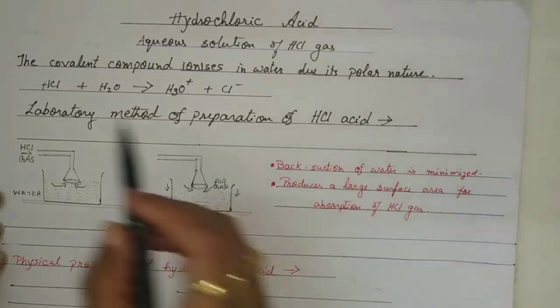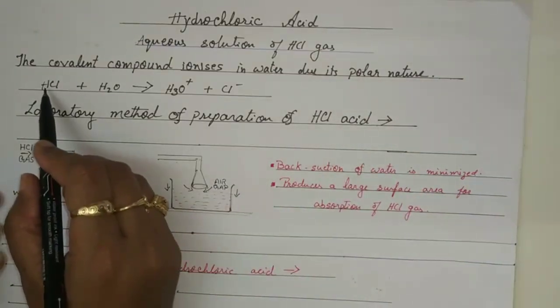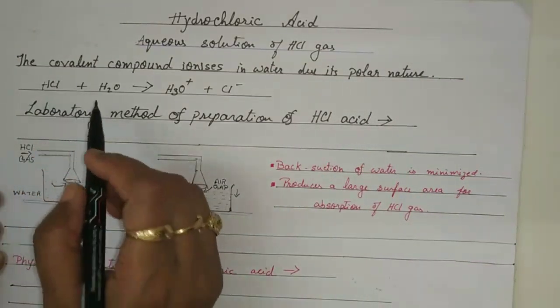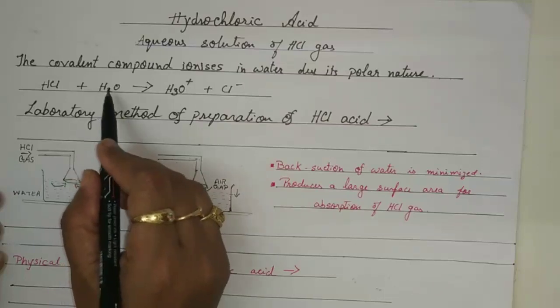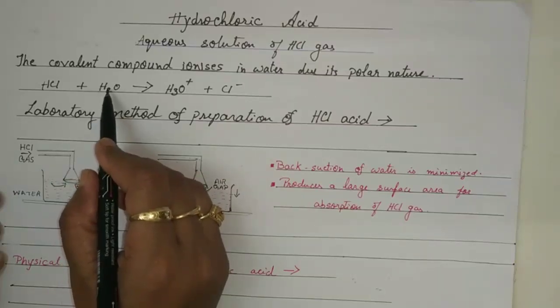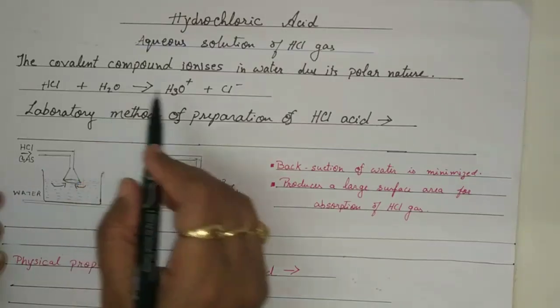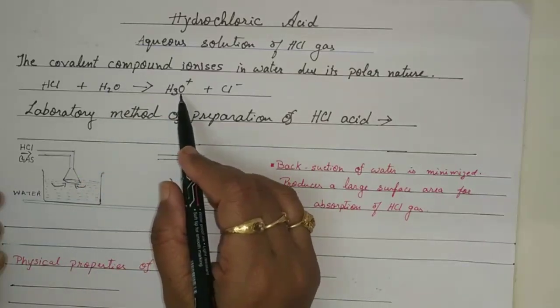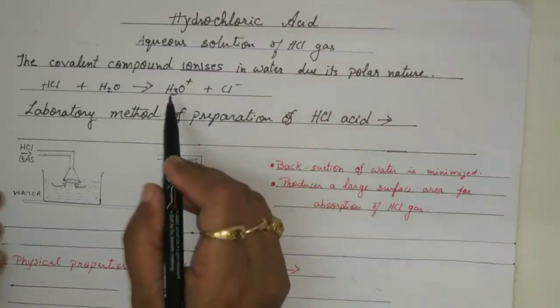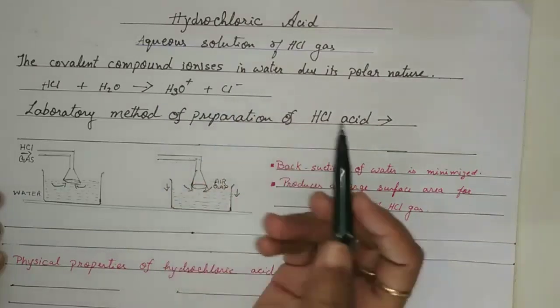About polar nature, since it is H plus and Cl minus, there's a dative bond, about which we will discuss in the chemical bonding chapter, and it will give you hydronium ion and chloride ion.